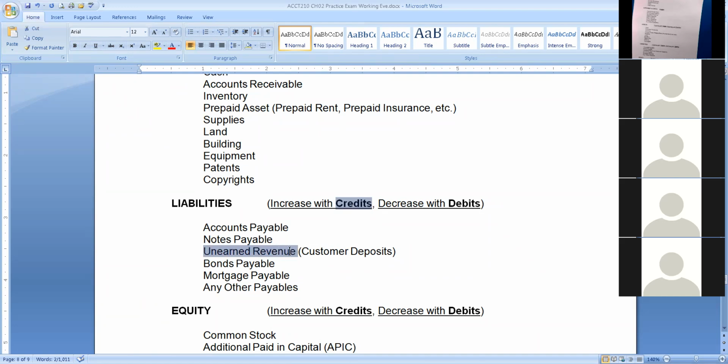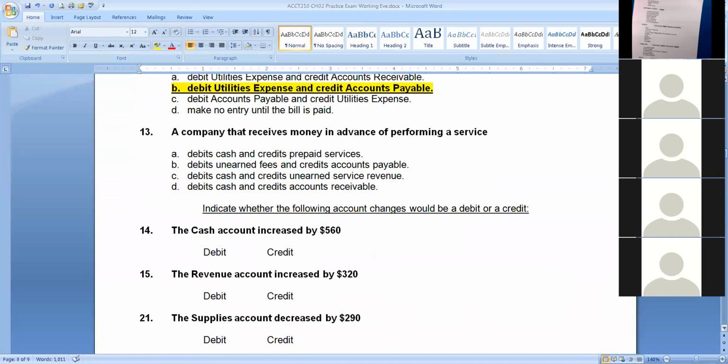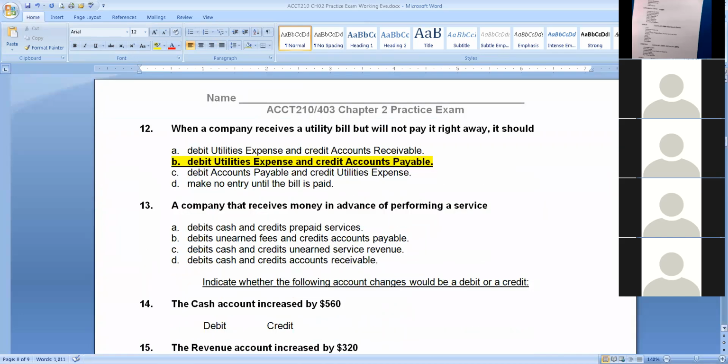So even if you get confused on the unearned revenue and say, oh, it's a revenue, the journal entry would be okay. But this is what we're going to use when somebody is paying us in advance. We got money that we haven't earned yet.